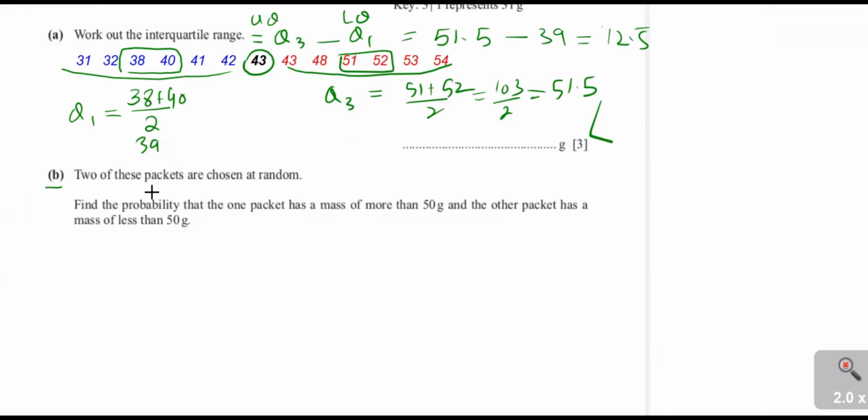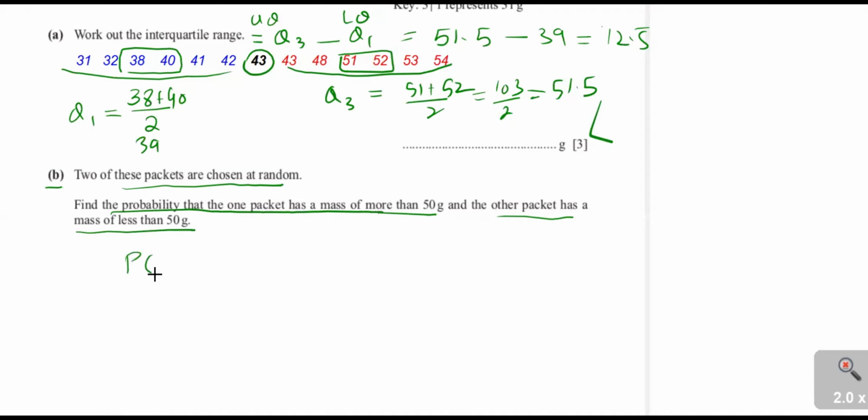Question 16, part B. Two of these packets are chosen at random. Find the probability that one packet has a mass more than 50 gram and the other packet has a mass of less than 50 gram.